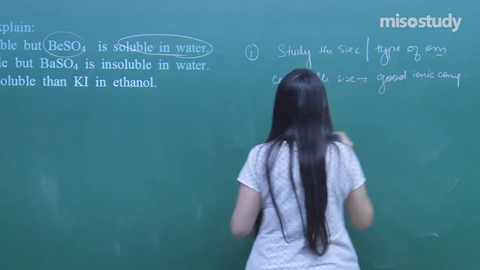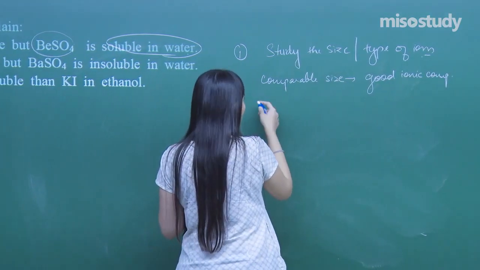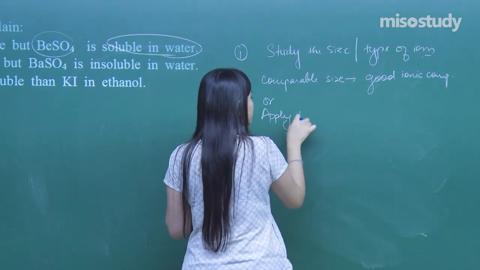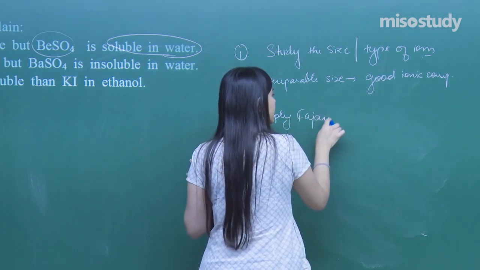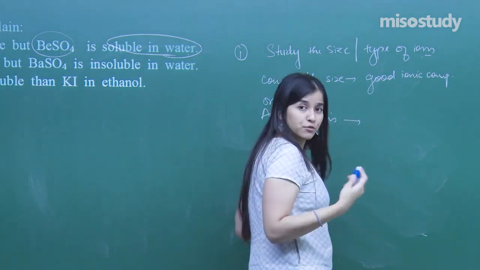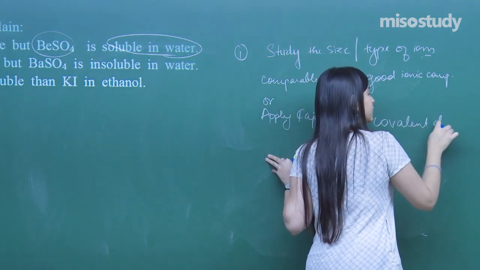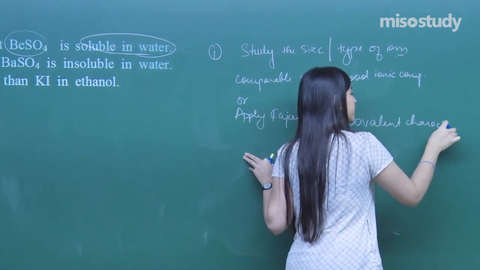Or apply Fajan's rule. If you are applying Fajan's rule, then it will account for the covalent character. Find out the covalent character, right?